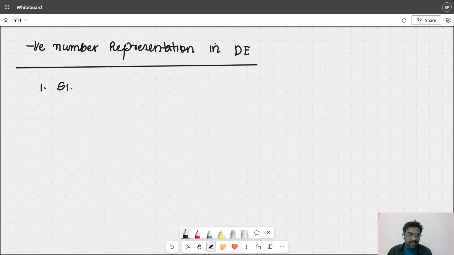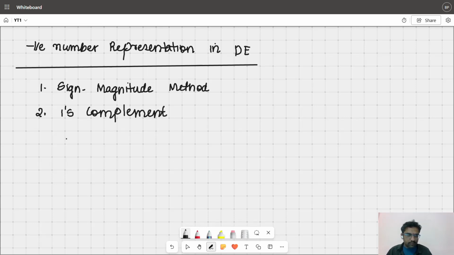One, the sign magnitude method. The second, one's complement. Third, the two's complement.